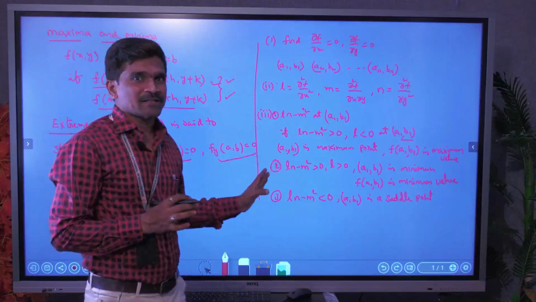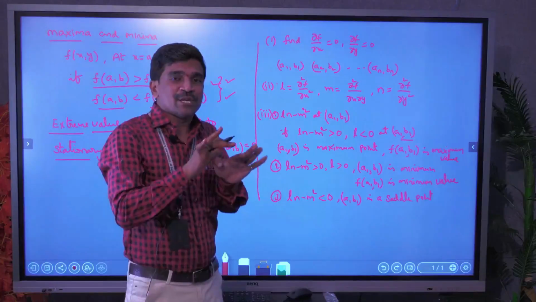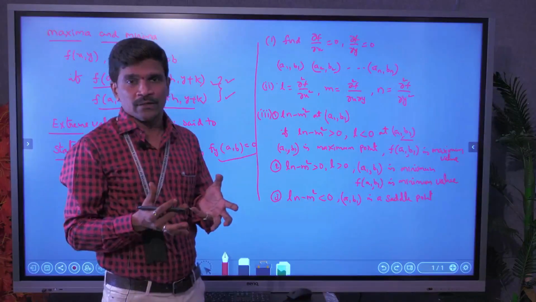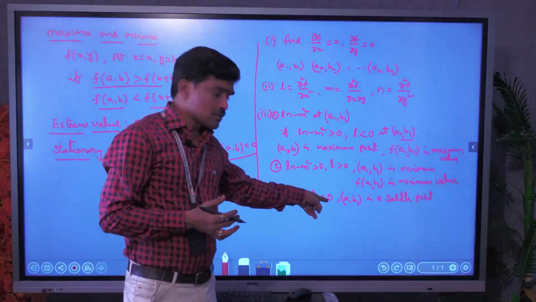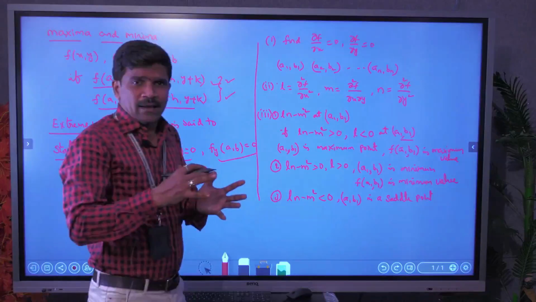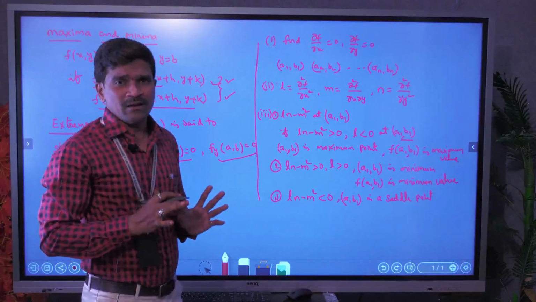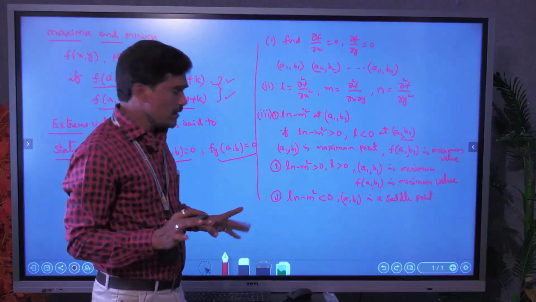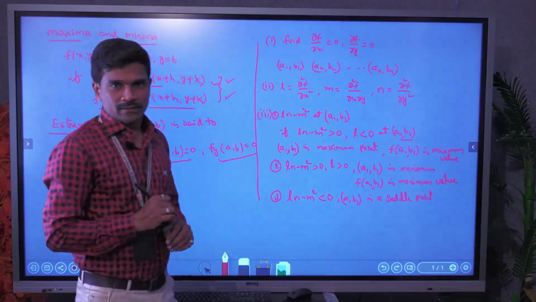That means there is no extreme value, there is no extreme point. It is neither maximum nor minimum. So this is the third case.